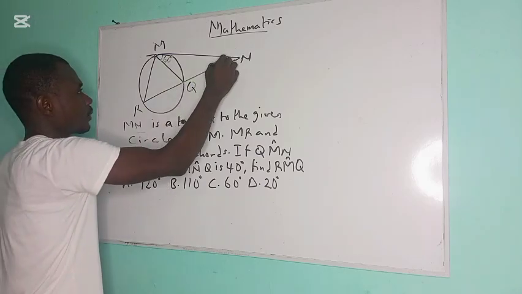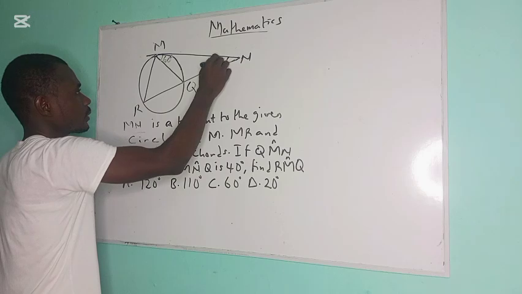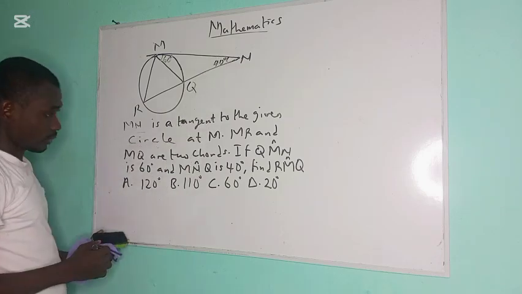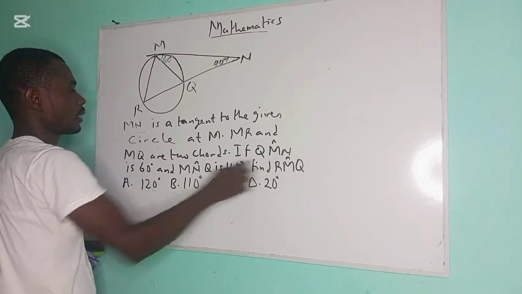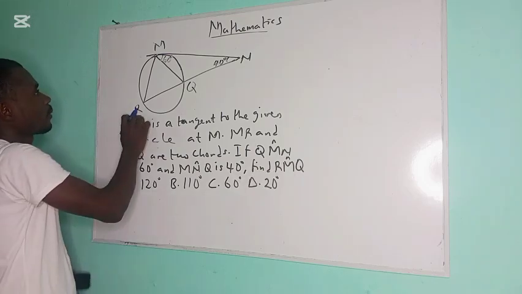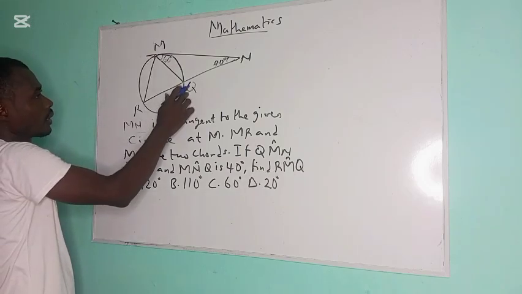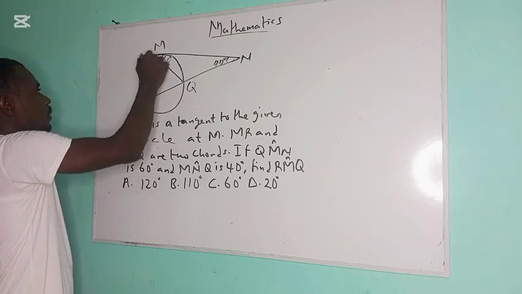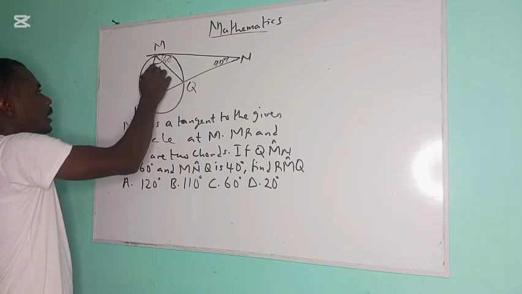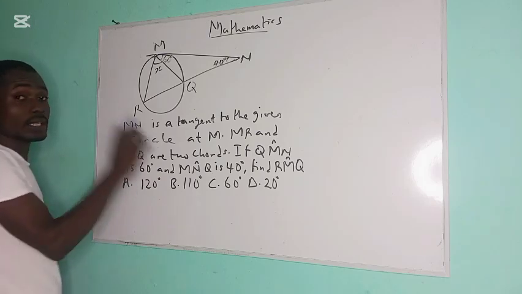MNQ, this angle is 40 degrees. Find angle RMQ. You are asked to find this angle. Let's say this is X. So that is what we are asked to find.